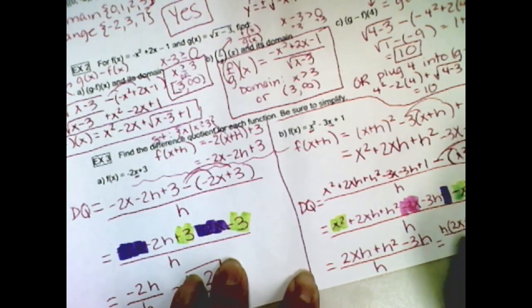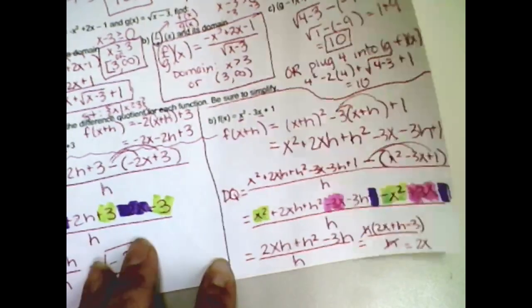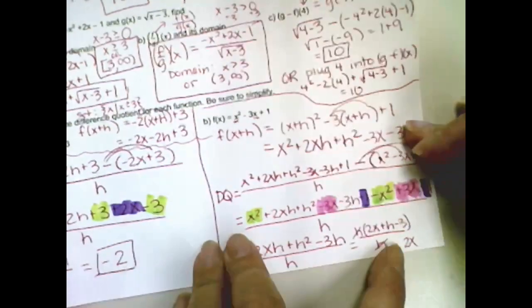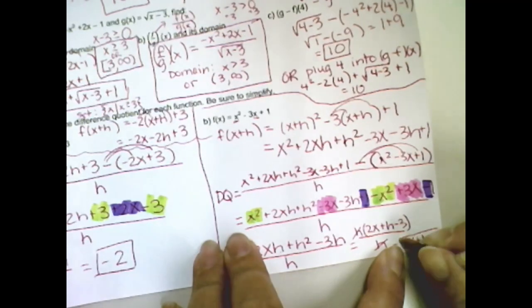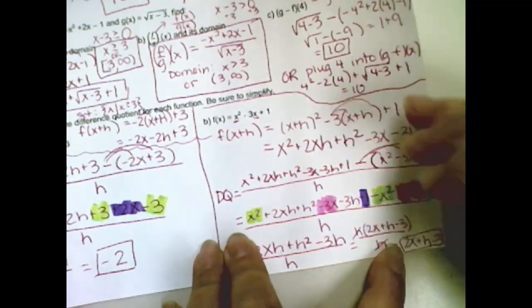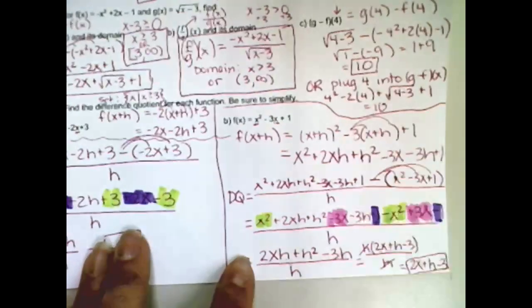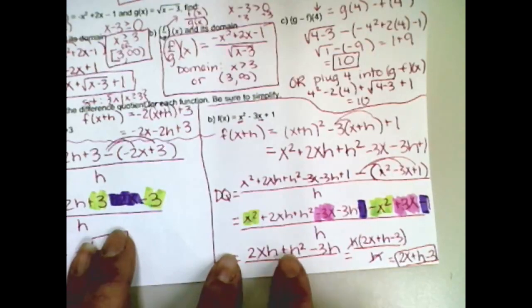That is what allows you to cancel these. And so my final answer is simply 2x plus h minus 3.